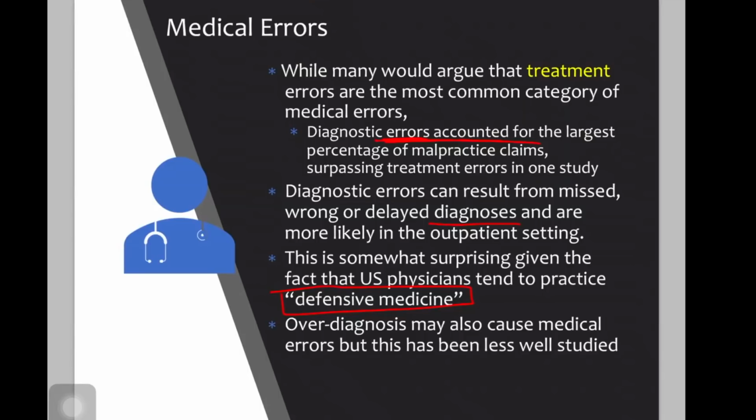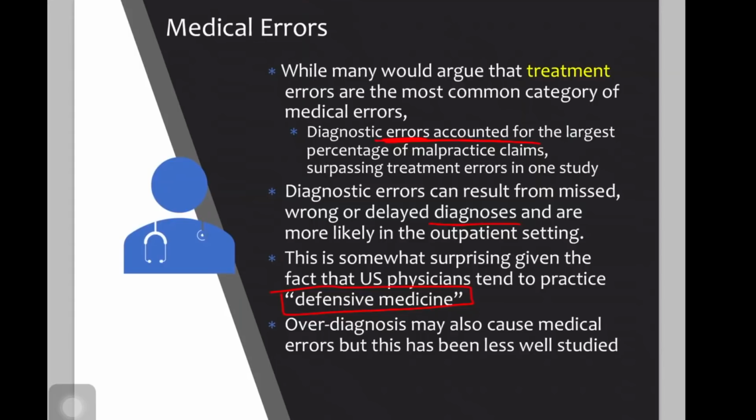Medical errors also occur because of overdiagnosis. For example, people come with chest pain and some diarrhea, and a not well trained doctor could predict that it is an early sign of COVID or some other disease.